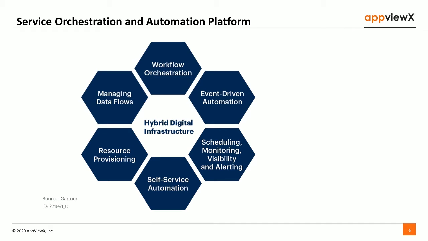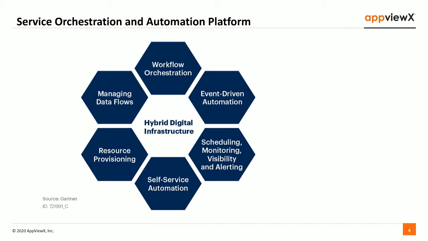And then there is monitoring, visibility, and alerting. So if you have a farm of 100 F5s, right, how do you manage? How do you know that everything is running on all wheels? So basically, having that visibility, and then presenting you with intelligence as to what it finds, right? And then self-service automation. This is another important aspect, right? For users to consume, they don't have to talk to somebody.